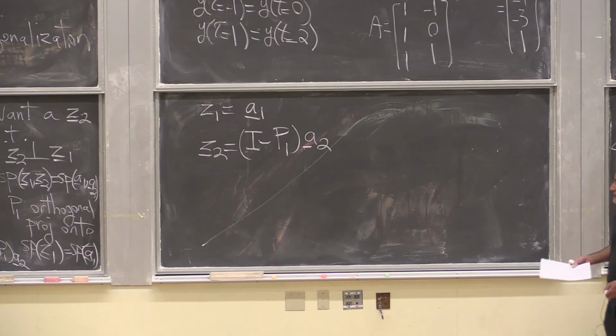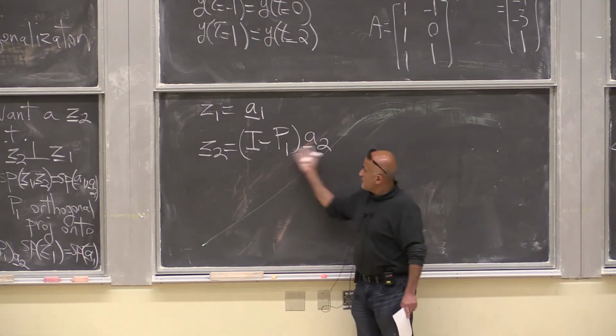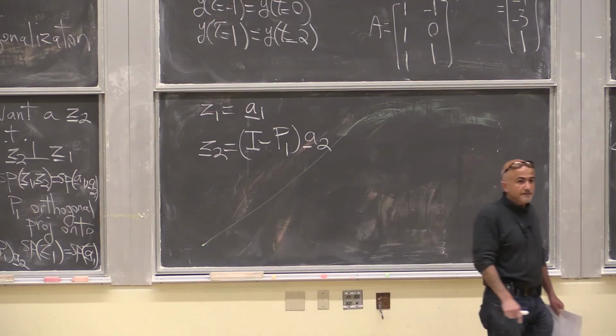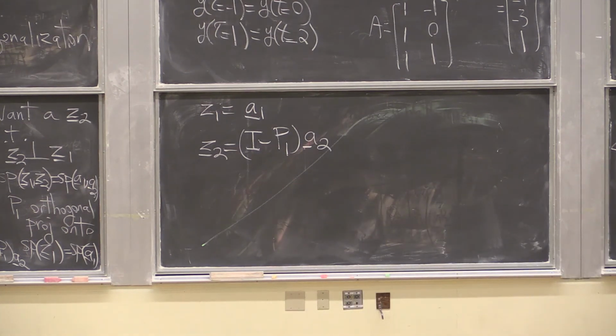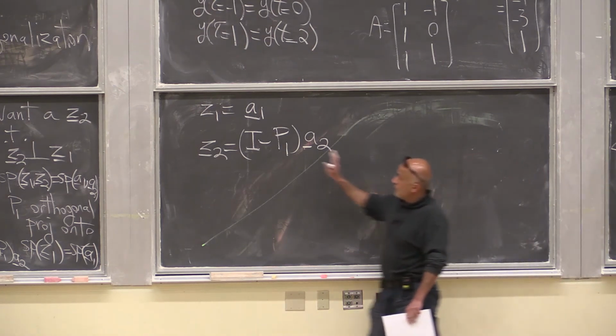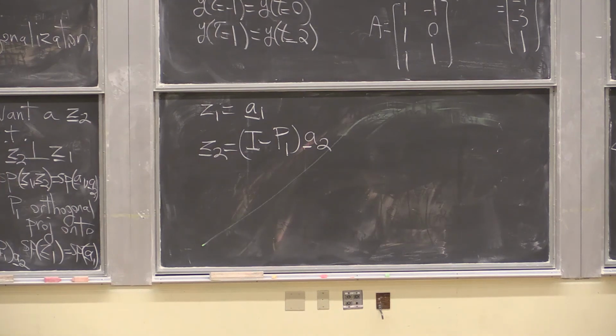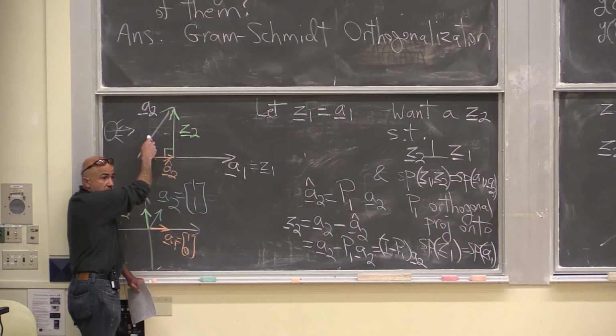I am going to use the projection formula. So why use P1? Because it's compact. I don't have to put in the gory details yet. What I'm doing is describing the geometry of a situation where I start off with two vectors that are not orthogonal.